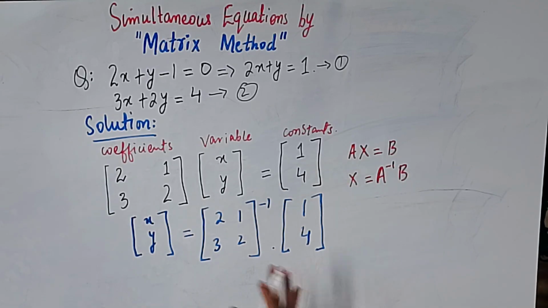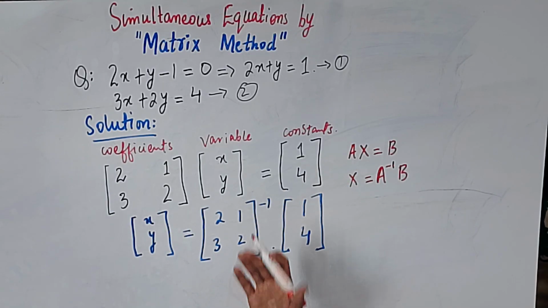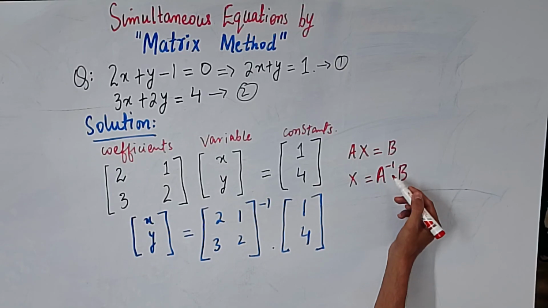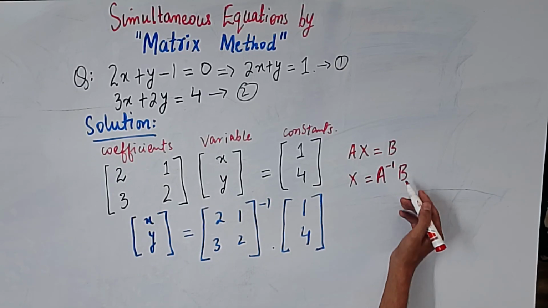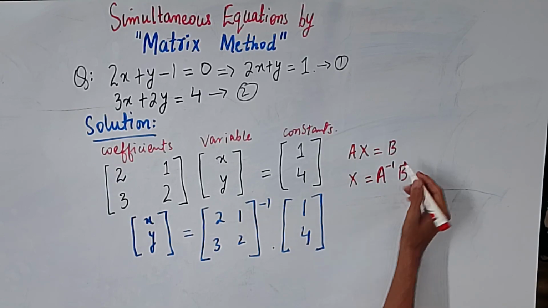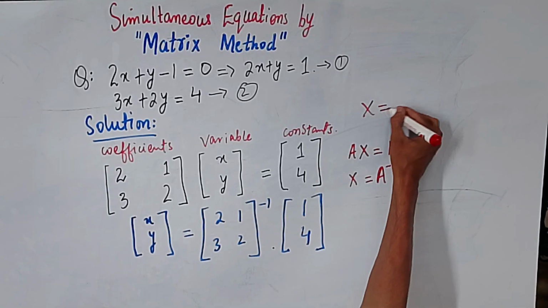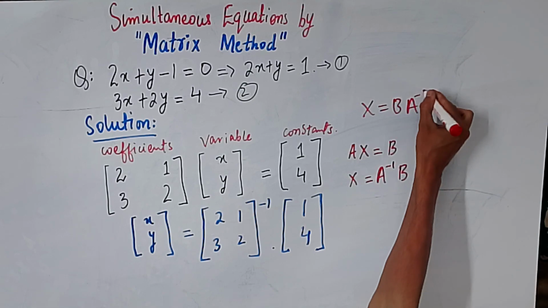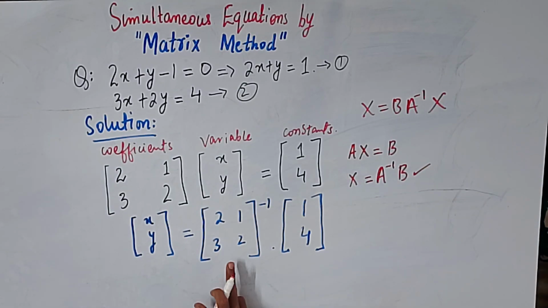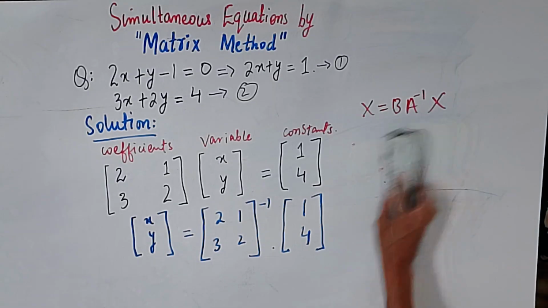Otherwise everything is very easy and you have already done this individually, like you already know how to find the inverse, and you have already done the multiplication of matrices. But over here you need to understand this thing, that you will not write it like this, you will write it like this, right? So that's where the inverse matrix will come first. Now our target is to find the inverse of this particular matrix, and you already know how to find the inverse of a matrix.